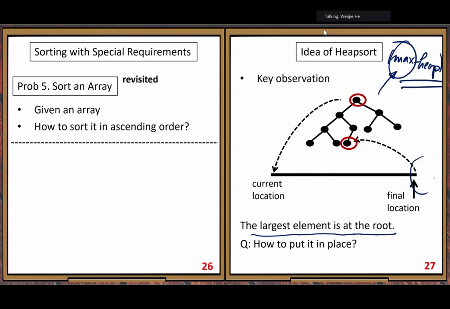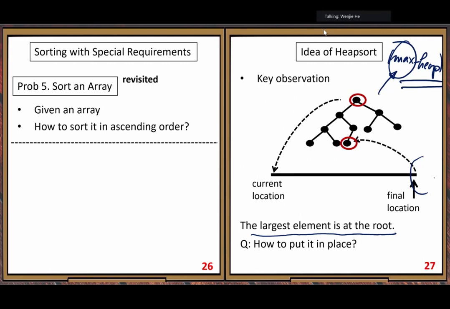But for the next step, after the swap, you can see the max heap property will be violated. Because of the swap, the max heap property in general will not hold, so we need to fix it.